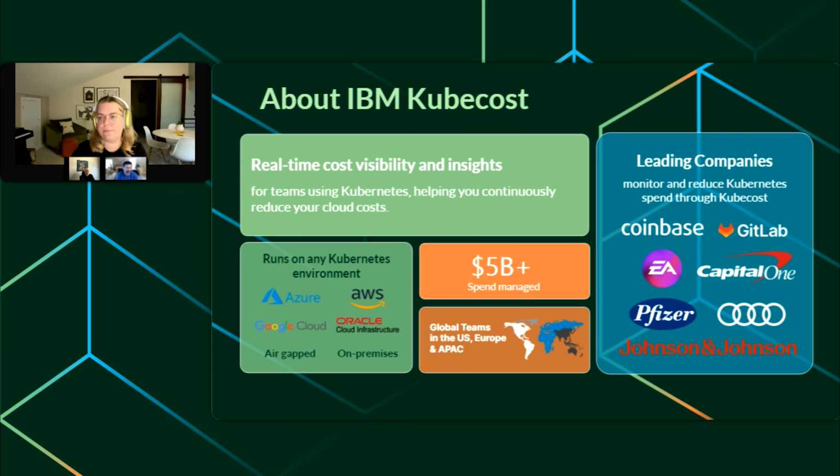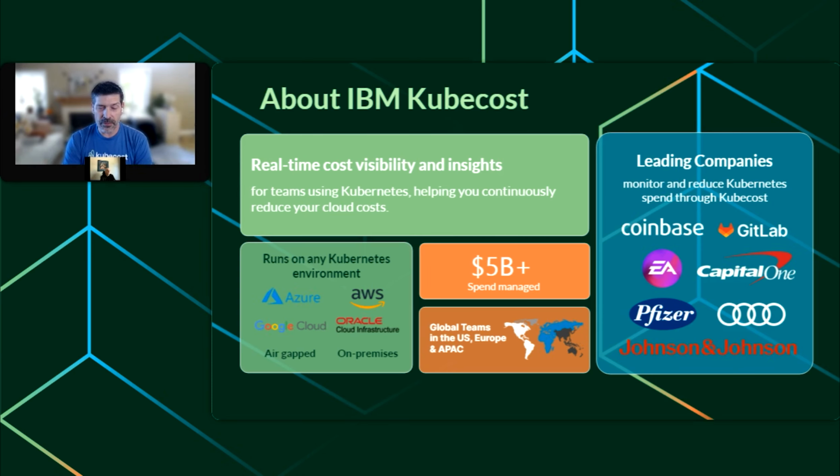Thanks, Dee. Hi, everybody. Thanks for joining us today. If you're new to Kubecost, this will be your orientation slide. IBM Kubecost is built to help you with real-time cost visibility, real-time cost insights for your Kubernetes environments. It's used by teams using Kubernetes from cloud native startups all the way up to the largest enterprise organizations you've ever heard of.